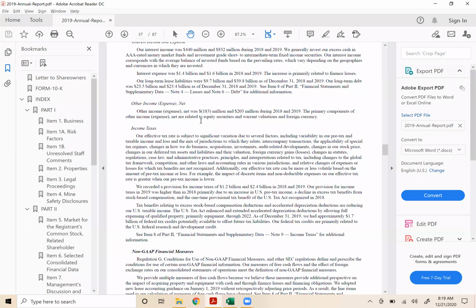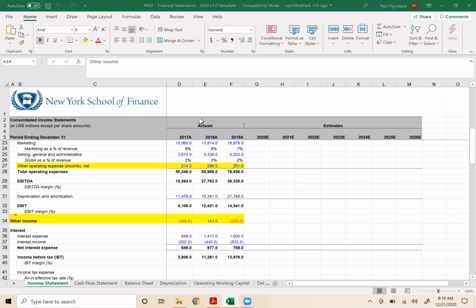But as a good analyst, you would highlight this other income line item and say to your boss, I don't know if this line item should be above EBITDA or below EBITDA, but I understand that this line item is the investments this company has in other securities. So is there a way we can find out if we will also be purchasing this other company's investments? And that's when your boss might say, well, let's ask the CEO, right?